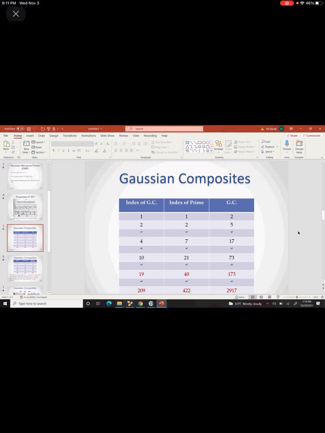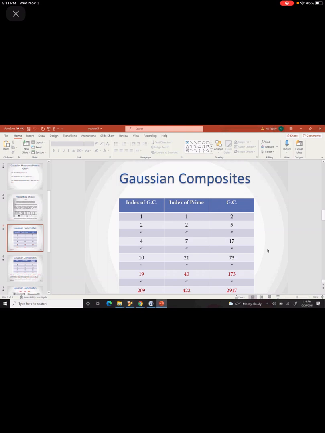So here we have a Gaussian composite, like 17, for example, that you see in this table. It's a prime number, but it's a Gaussian composite because it's factorizable in the domain of complex numbers. So when you do this, you get this table here.